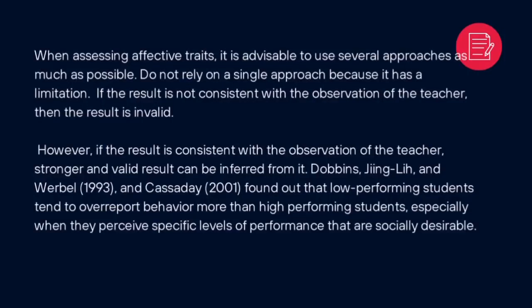If they don't match, then the result may not be true, but if both match, then it's more believable. Also, one study said that students who don't do well in class often say better things about themselves to look good, which makes self-report less reliable sometimes.